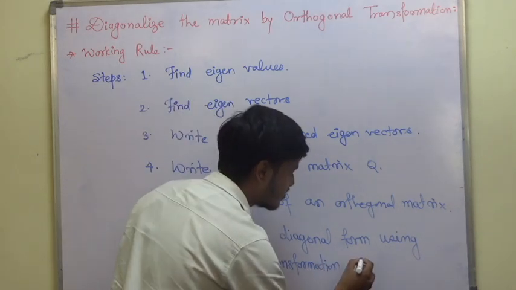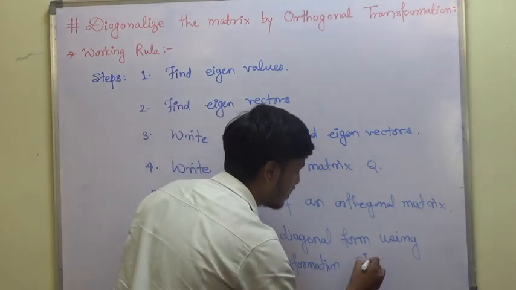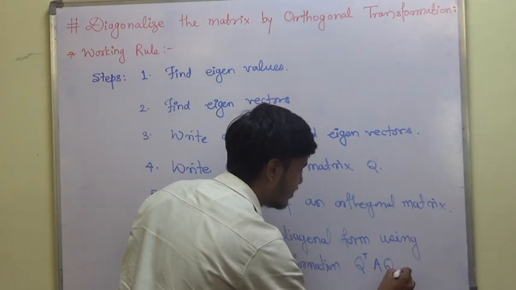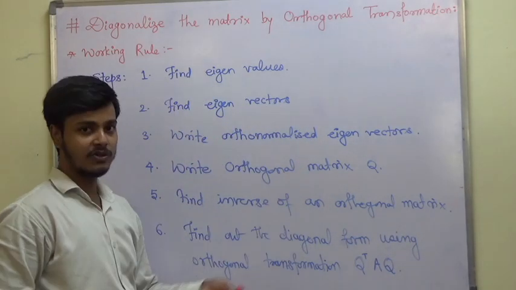The transformation is Q transpose A Q, where Q is an orthogonal matrix.